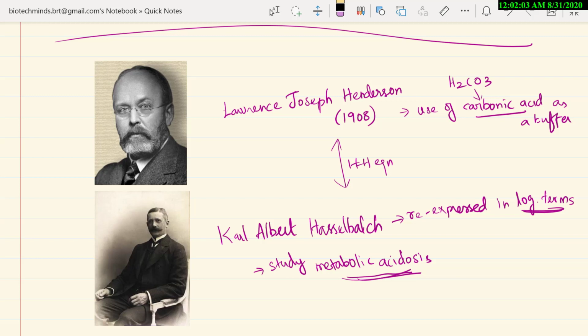In order to cure metabolic acidosis in the medical field, they apply this HH equation. I am telling you the current use of application, not 1900-something. Even now, if you search for Henderson-Hasselbalch equation and metabolic acidosis, you will get a lot of tutorial notes from medical universities. This is an important equation for medical students also.